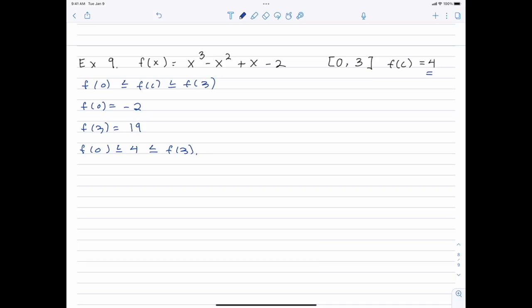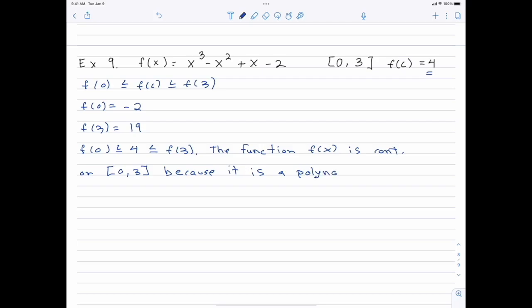Next, I'm going to say the function f of x is continuous on 0 to 3 because it's a polynomial. Okay? So I've done all I need to do in order to use the intermediate value theorem.